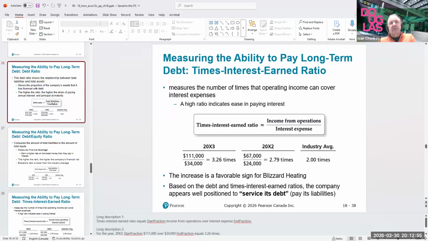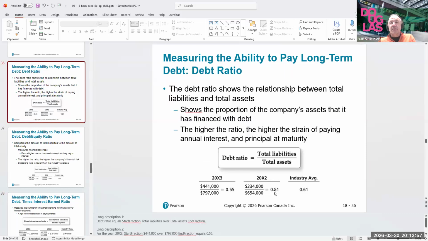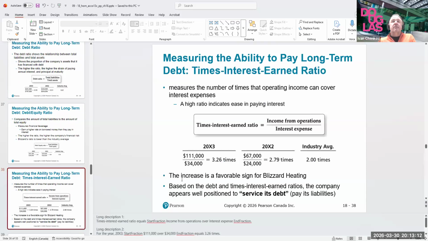Let's go back to the debt. What's happened with the debt? We increased the debt from 51% to 55%. Do you understand this? Now we're increasing the debt, but our times interest earned ratio also increases.